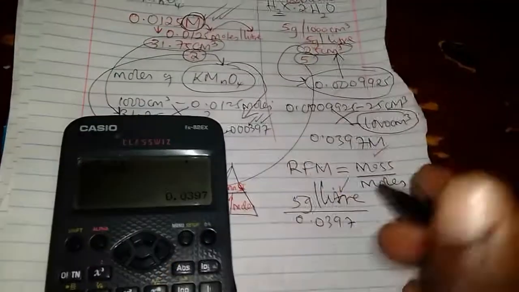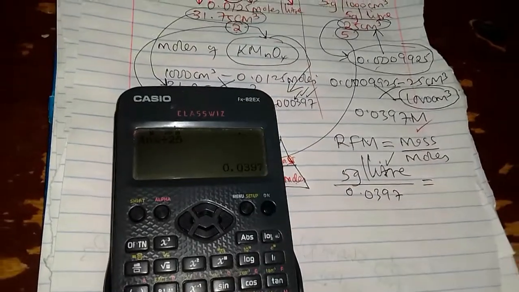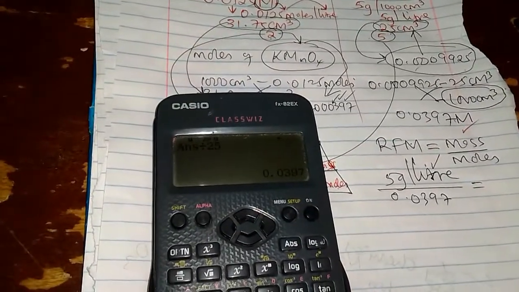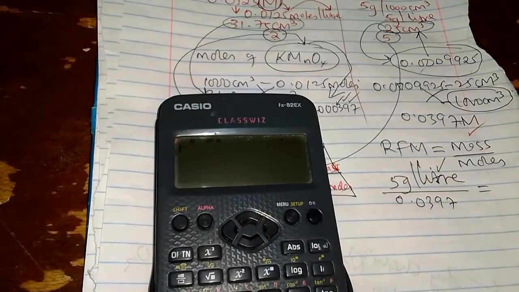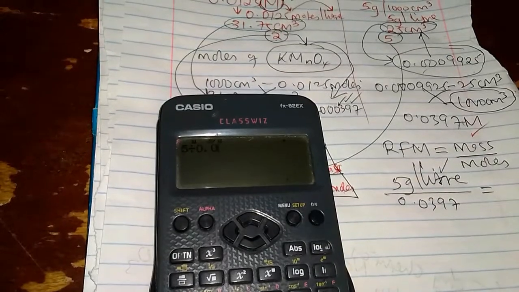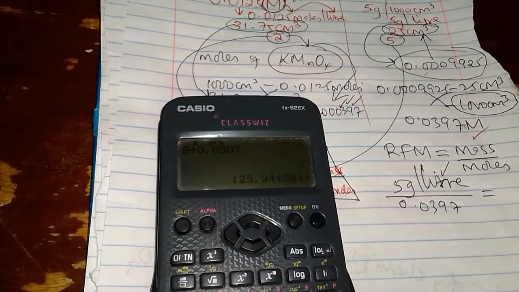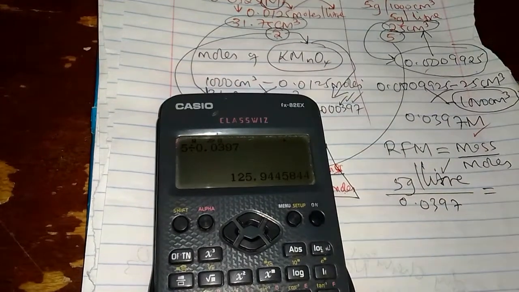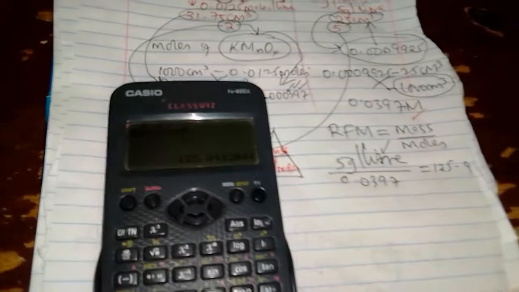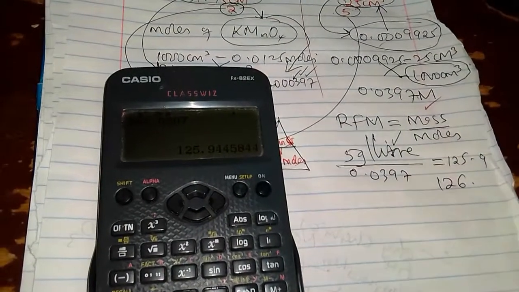So we want to get the relative formula mass: 5 divided by 0.0397. You get 125.9. Good. So you can just round off and get 126.